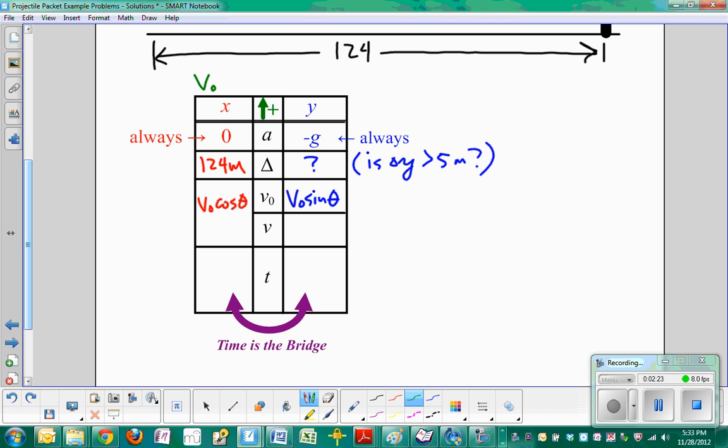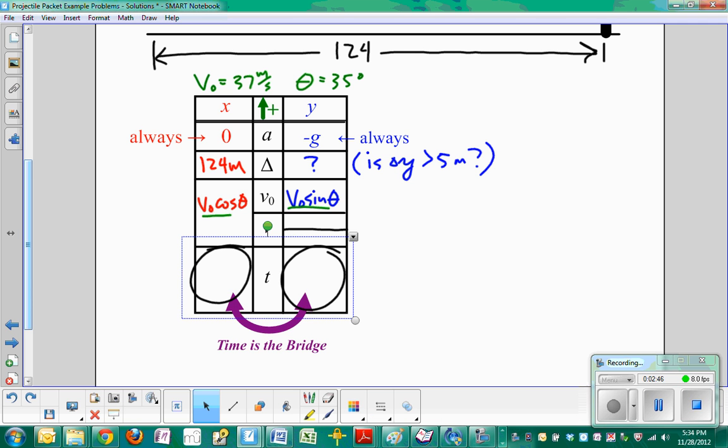V naught is equal to 37 meters per second, and theta is equal to 35 degrees. That'll help us when we figure these things out down here later. Okay? V final, don't know, don't care, and time is what we're going to solve for so that we can bridge over to the y direction. We're actually going to solve for it over here on the x side.